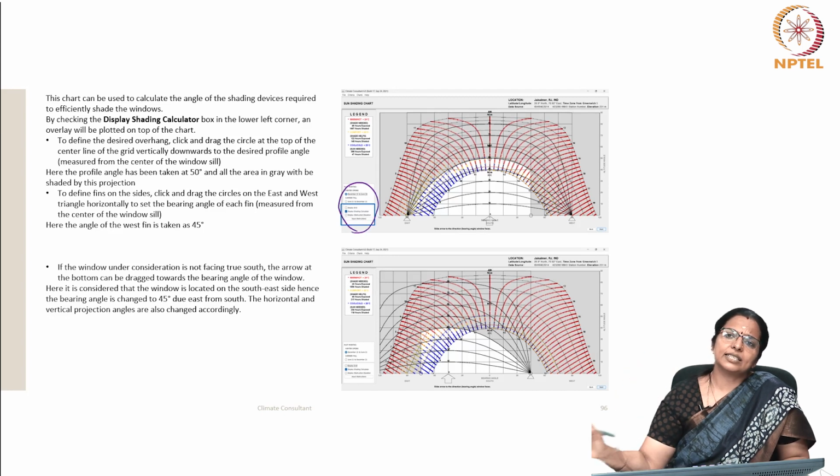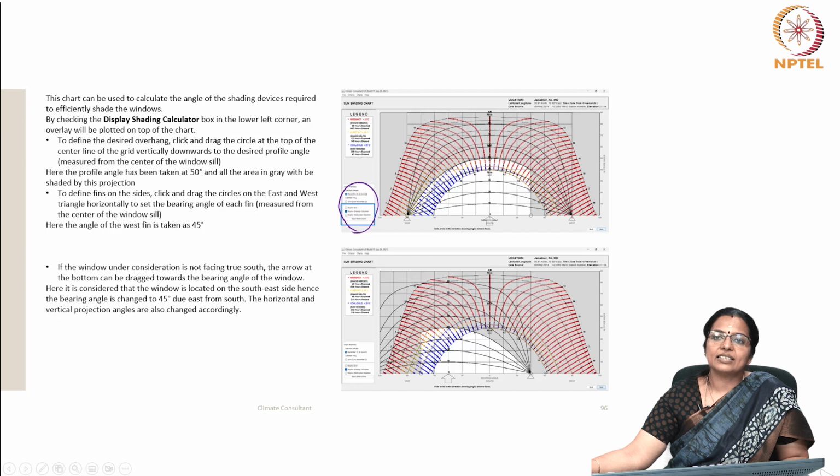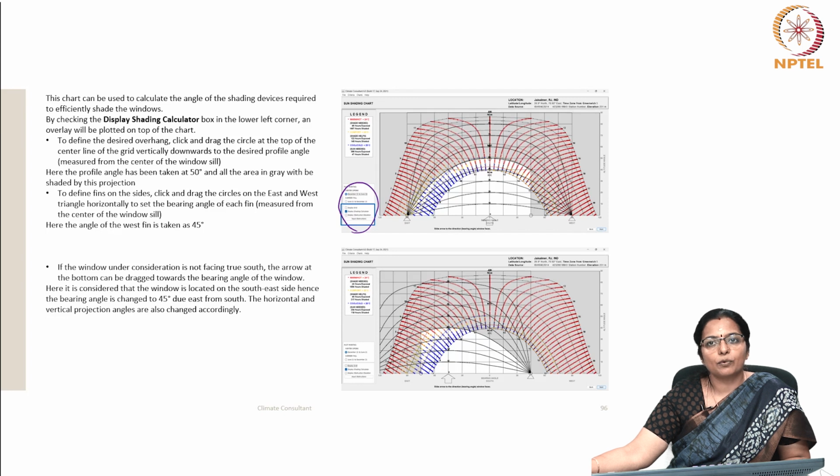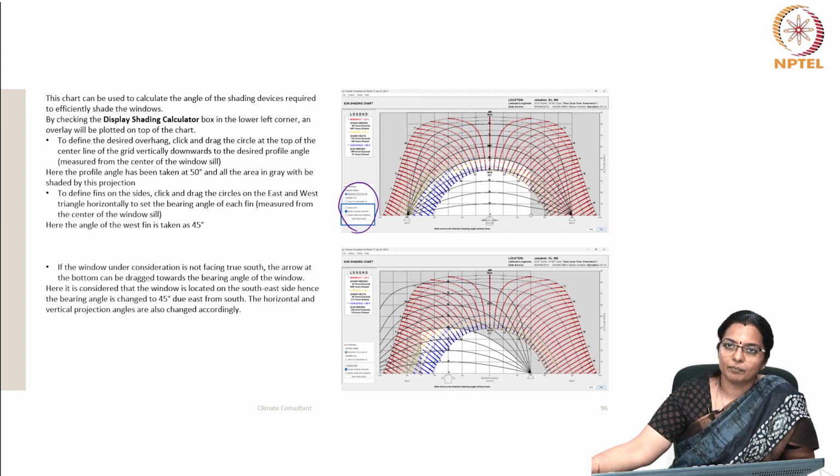To define the desired overhang, just click and drag the circle at the top of the center line of the grid vertically towards the desired profile angle measured from the center of the window sill.